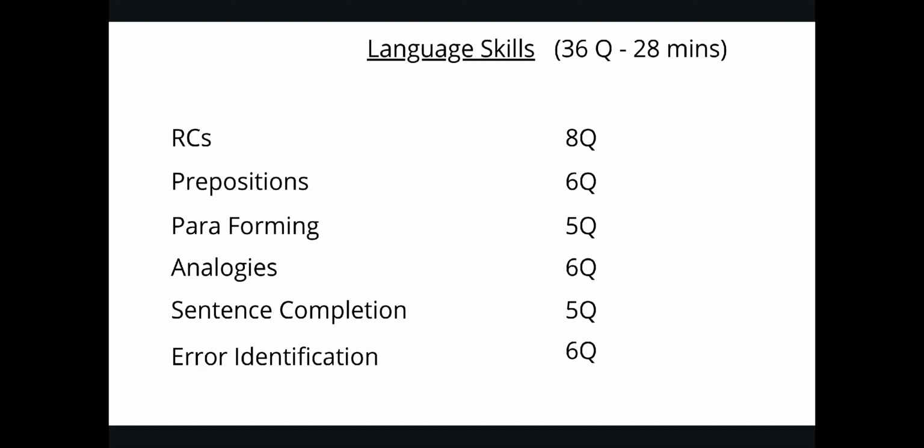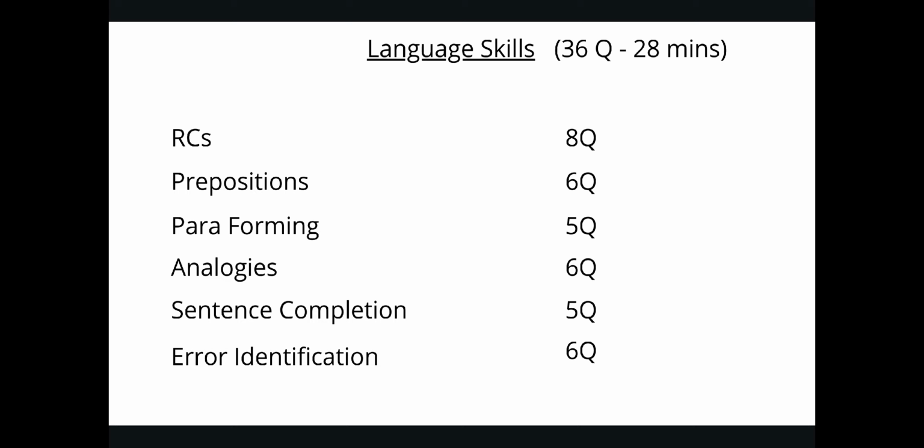These 36 questions consist of reading comprehension, where we can expect around two to three sets and around 8 questions. The second one is prepositions. We can expect around 5 to 6 questions again. For para forming, which means parajumbles, we can expect 5 questions.